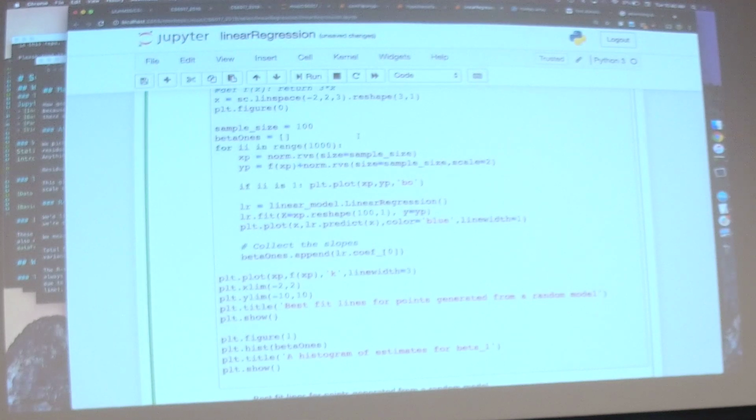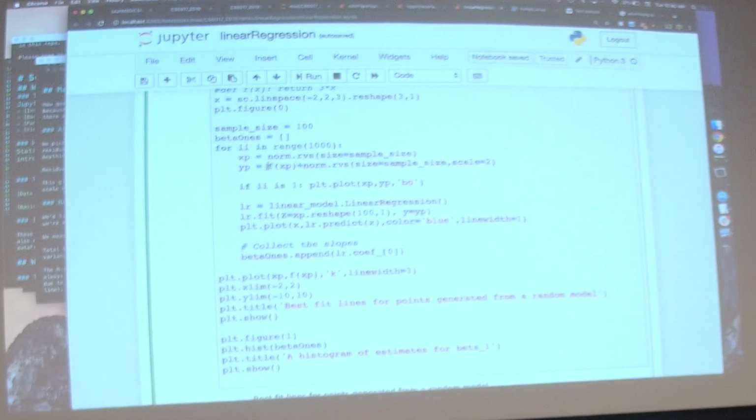We're going to fit a line to each one of those, and then we're going to plot that line. And so we'll see basically 1,000 different lines fitting different data sets that come from the same distribution.